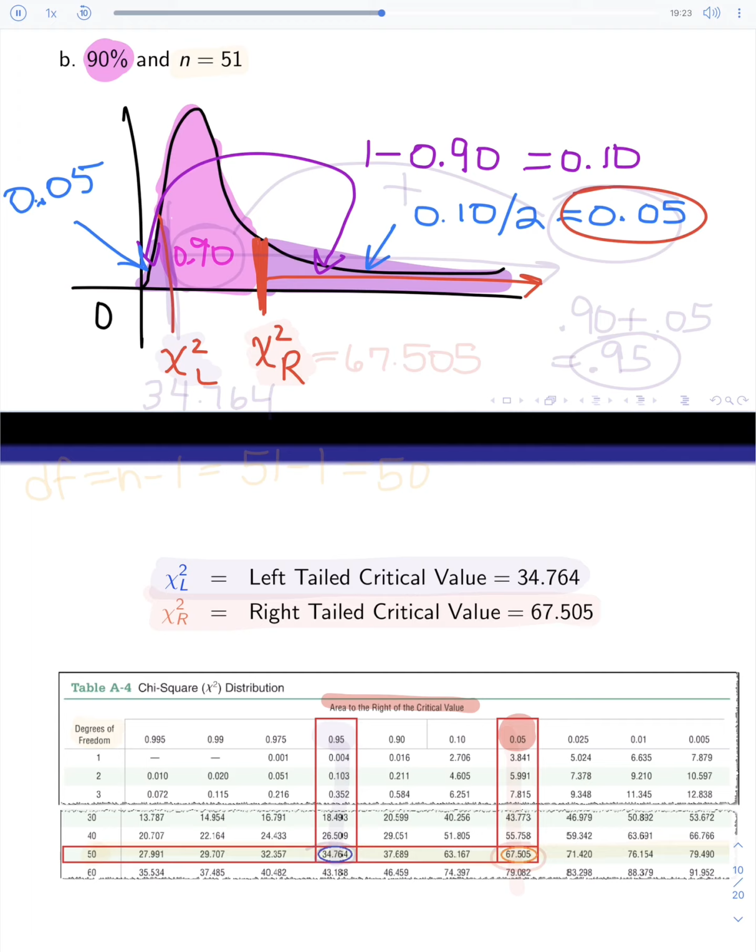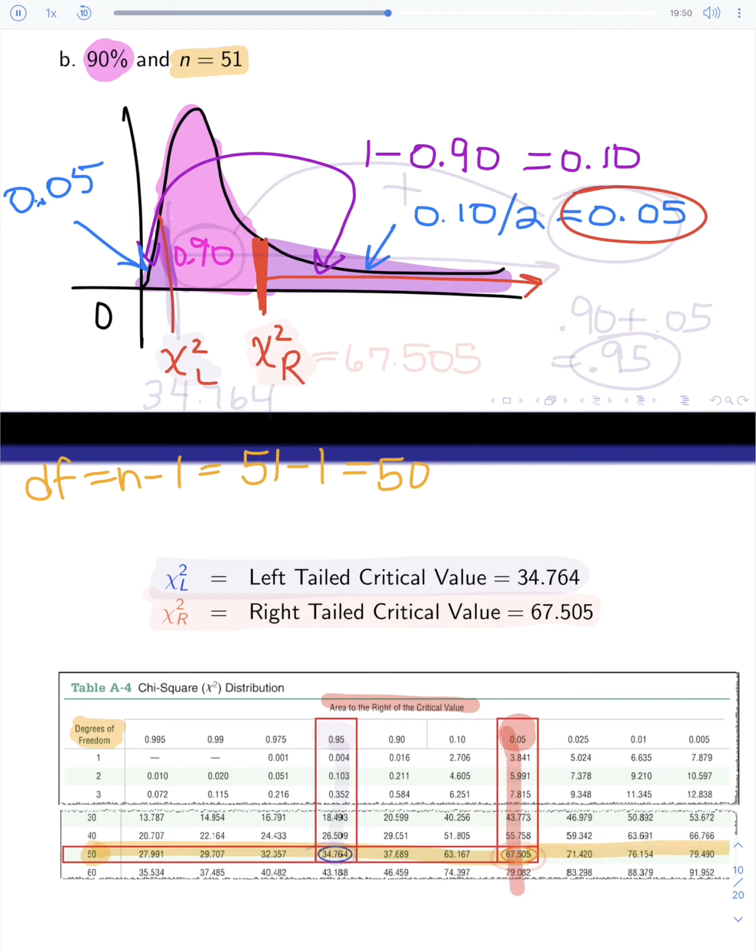And then for our degrees of freedom, our n was 51. So our degrees of freedom, n minus 1, is 51 minus 1, which gives us 50. So we'll use degrees of freedom of 50, and we need to figure out where those two overlap. So let's carry them both over.